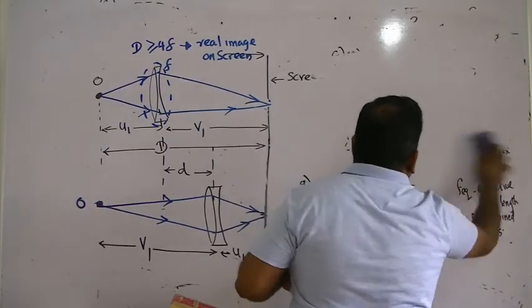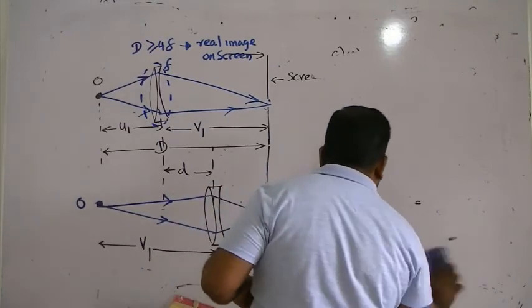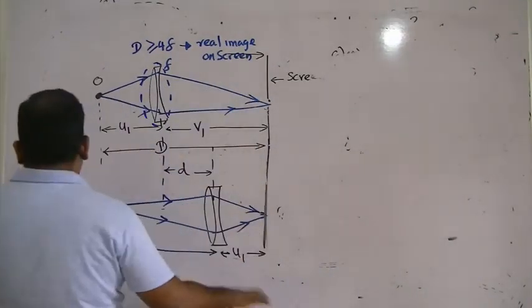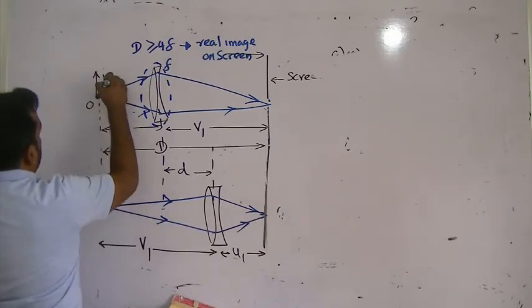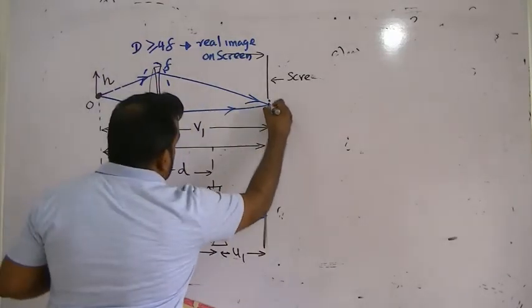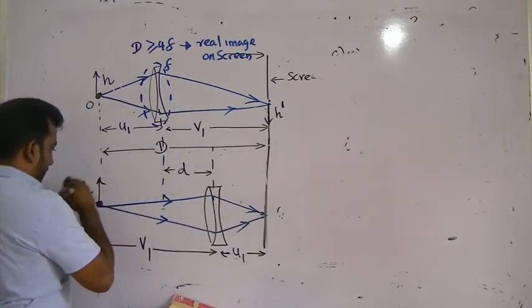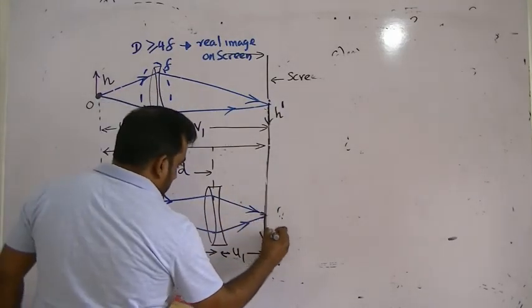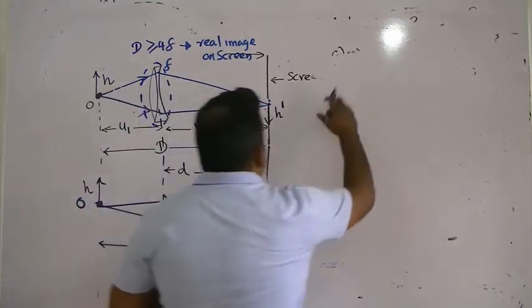You can also find a relationship between the magnifications. If I take the object height as h, the image height is h dash in one position, and for the same object height h, the image height is h double dash in the other. Look at the book.